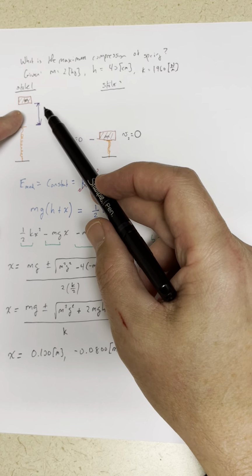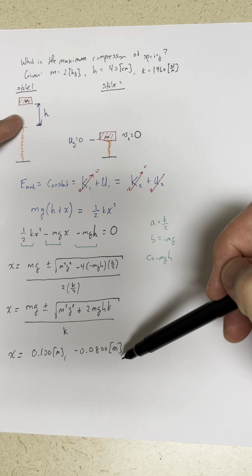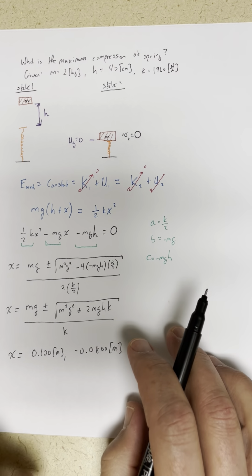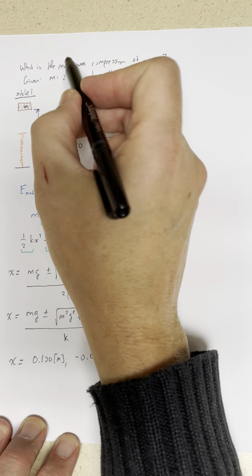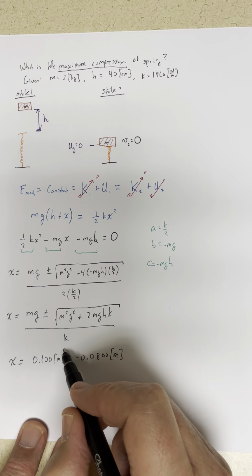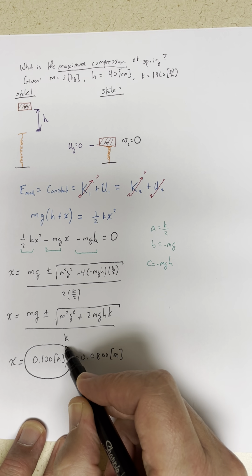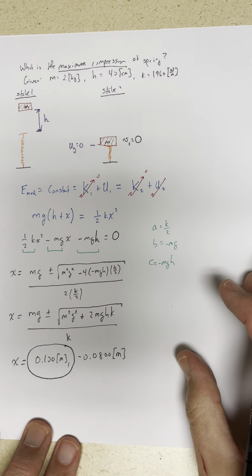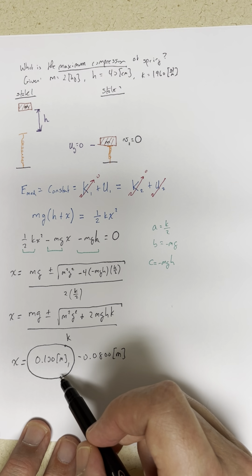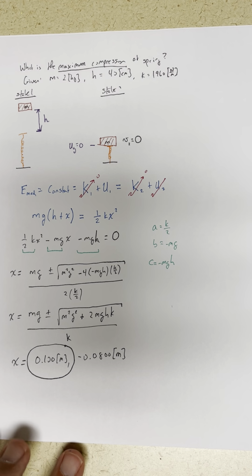So it doesn't fall as far, and results in less compression of the spring. So since we were asked in this question, what is the maximum compression, that is going to correspond to the bigger in absolute value of x for the spring, so 10 centimeters, 0.1.